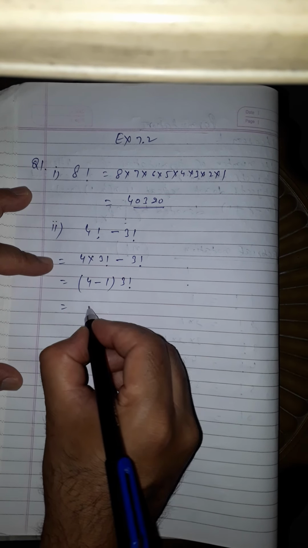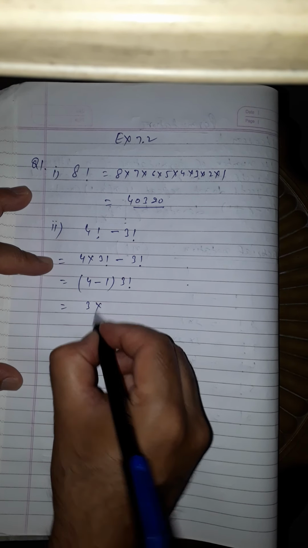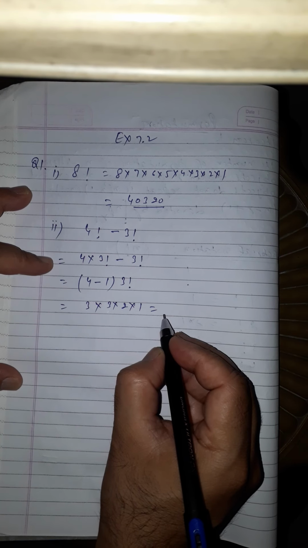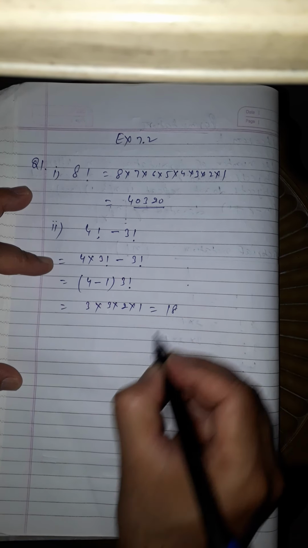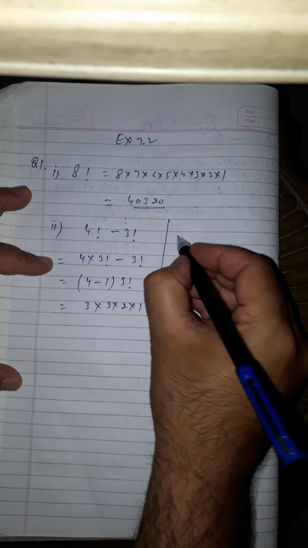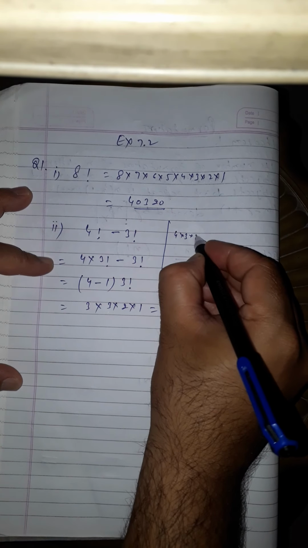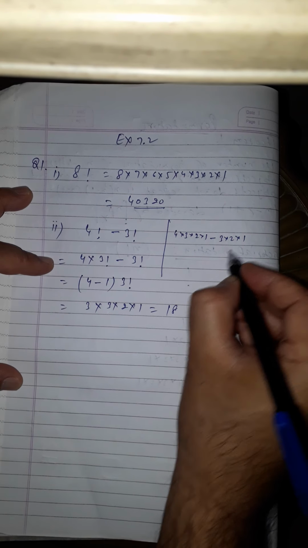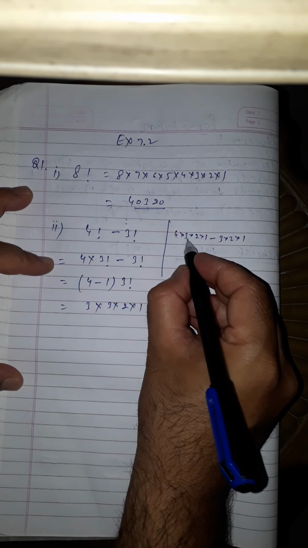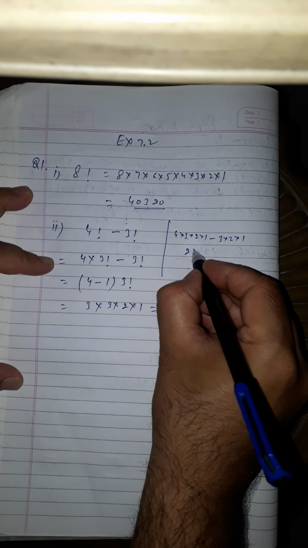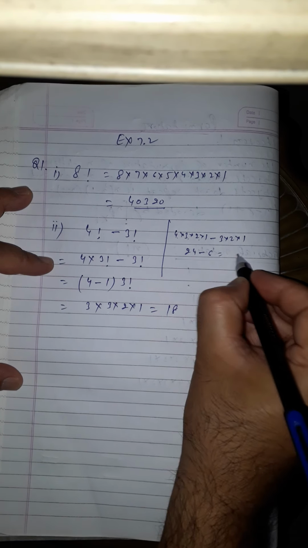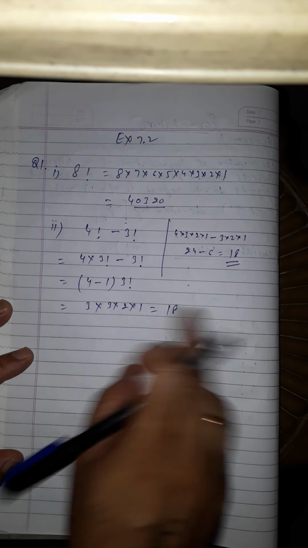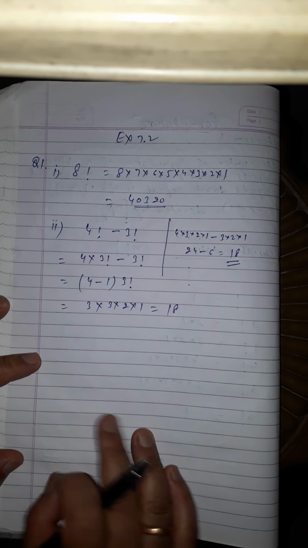So it will come as equal to 3 into 3 into 2 into 1, and it will come as equal to 18 then, students. Another way is there, we can expand it. 4 into 3 into 2 into 1 minus 3 into 2 into 1. In that way, 4 3s are 12, 12 2s are 24, 24 minus 6. That is also 18, students. Both ways we can use to solve this question.